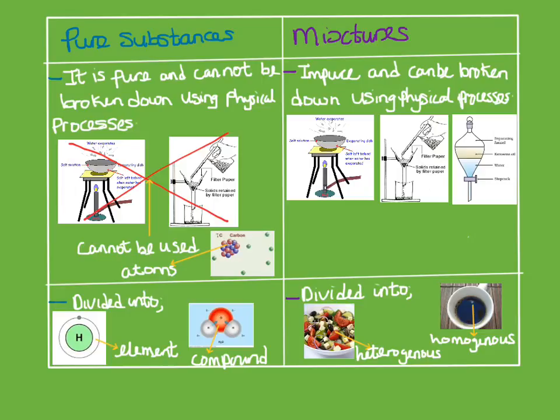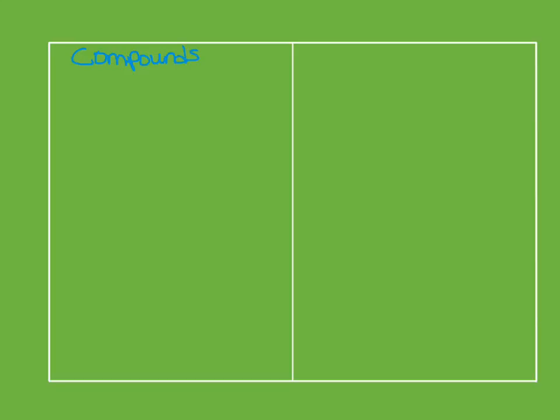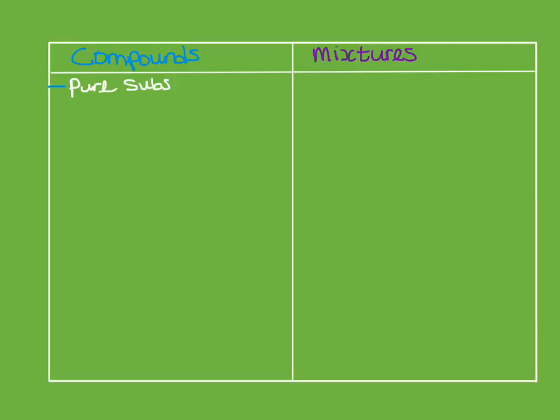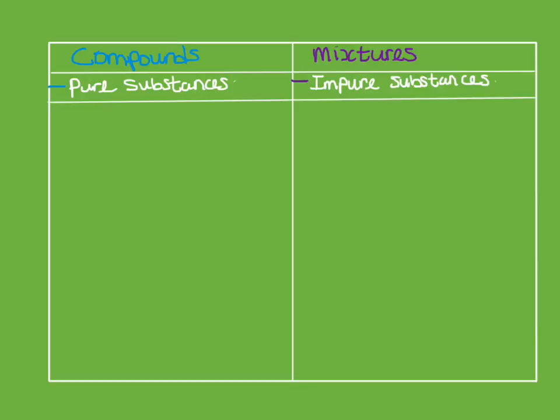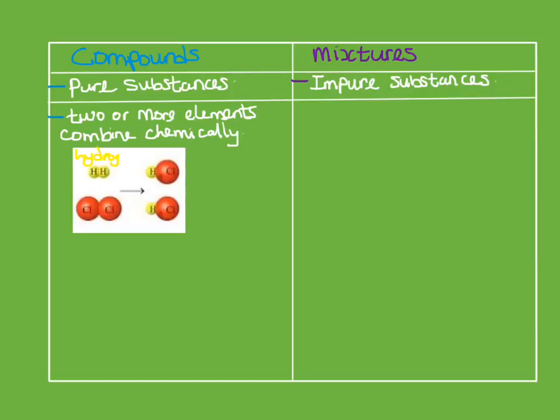Let's now differentiate between compounds and mixtures. Compounds are pure substances, while mixtures are impure substances. Compounds are made of two or more elements which combine chemically. For example, we have two hydrogen elements and two chlorine elements.